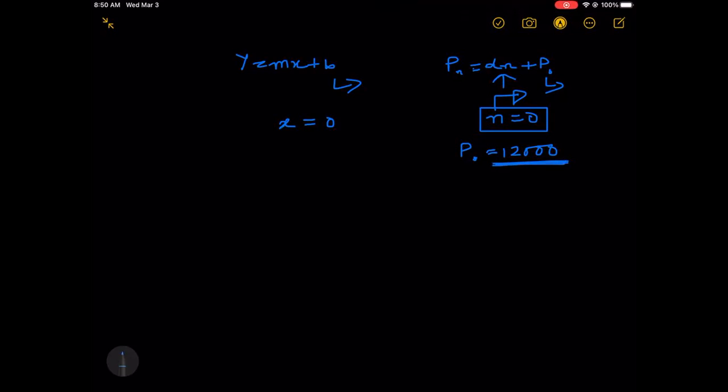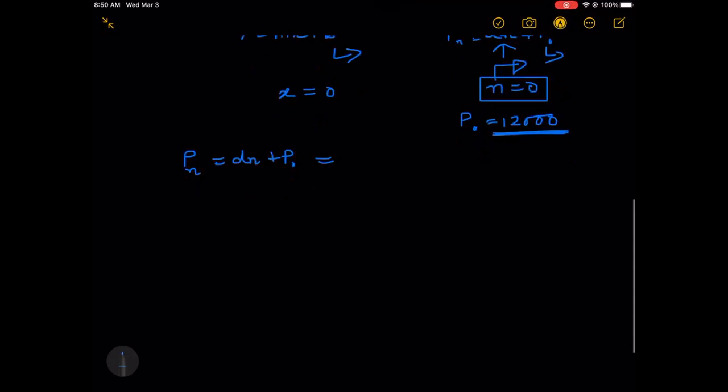Now, finally, we're here. So we know Pn equals P naught plus d times n, where d is 750, n is in years, of course, and P naught is 12,000.